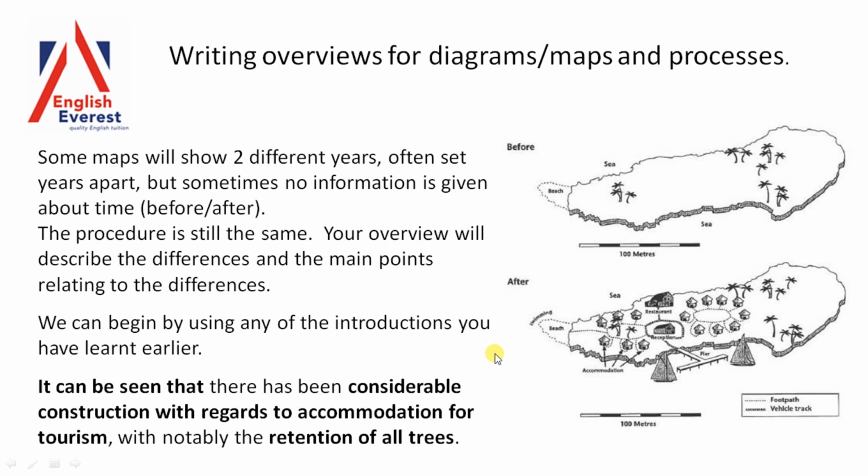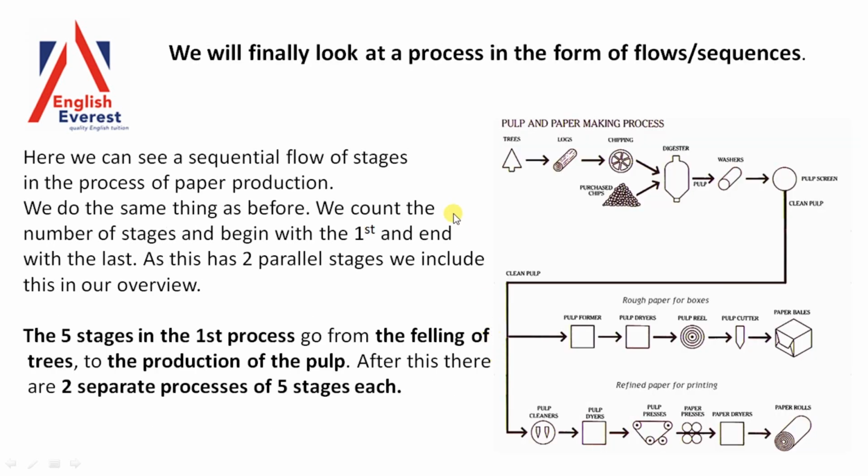So moving on to the next thing, which is the final thing, is processes. This process comes in a flow diagram or a sequence. So here we can see the sequential flow of stages in the process of paper production: the pulp and paper making process. We do the same thing as before.